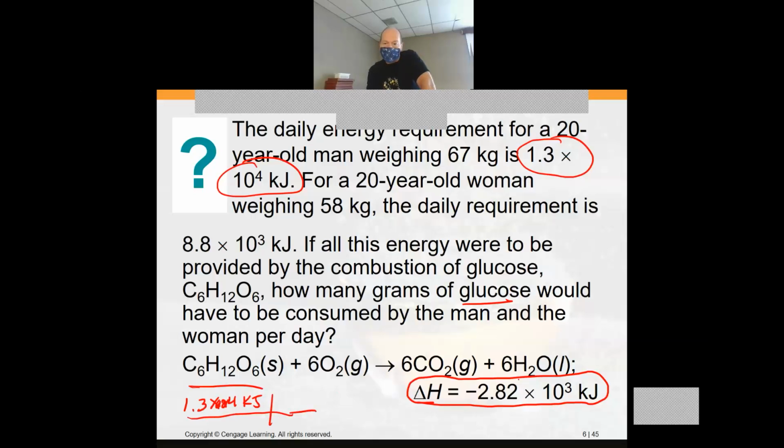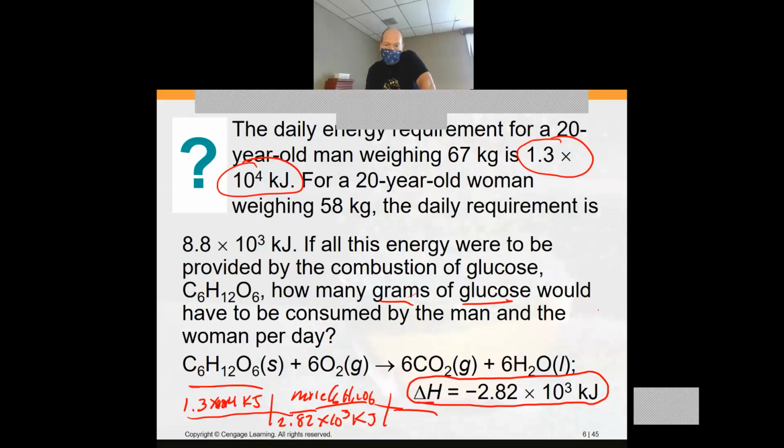And this reaction says that we release, so we can get from this combustion of glucose, 2.82 times 10 to the third kilojoules for every mole of glucose, C6H12O6. But it didn't ask how many moles of glucose, it asked for the grams.